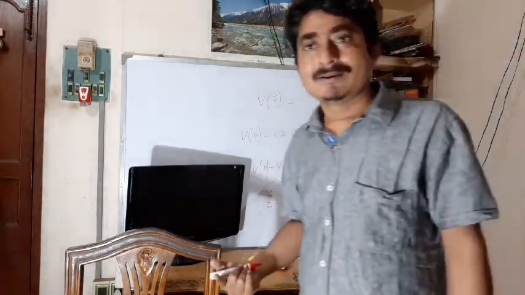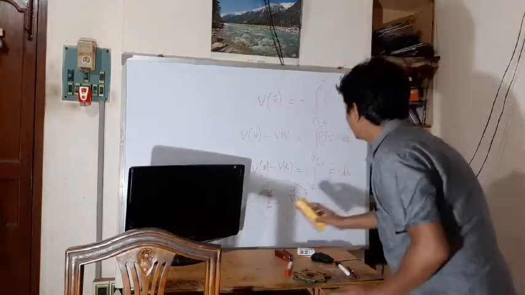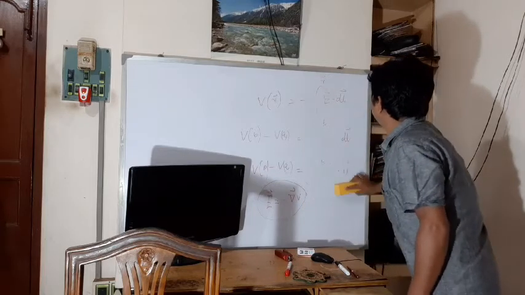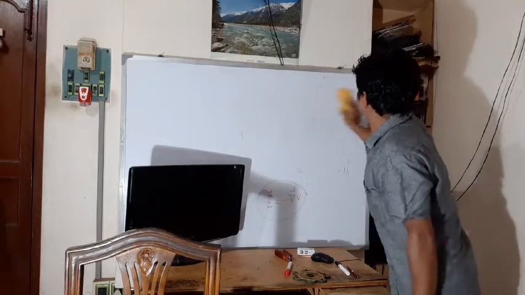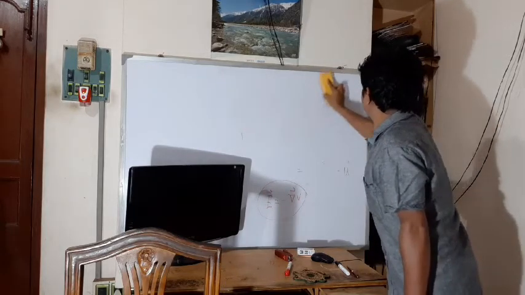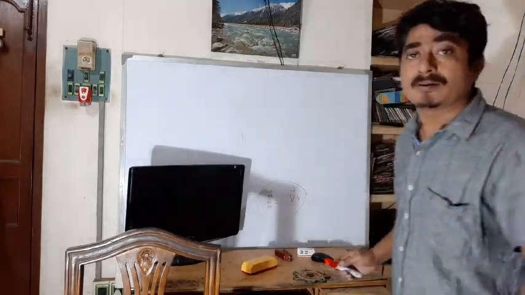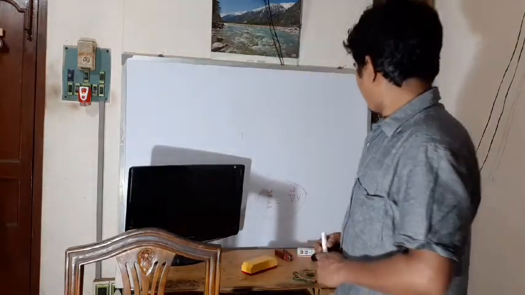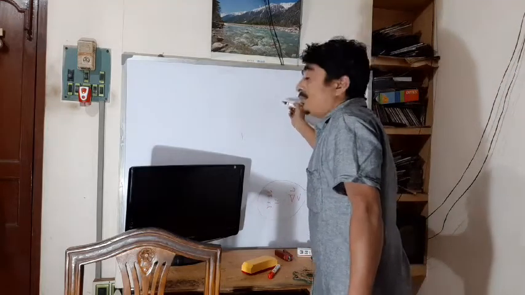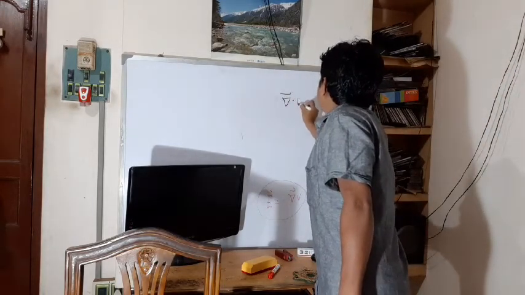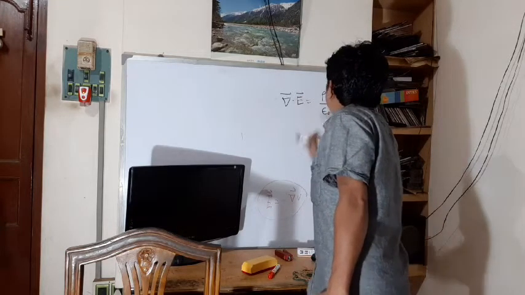Happy? So if we think of Gauss's theorem, we know that divergence of E equals rho by epsilon 0.